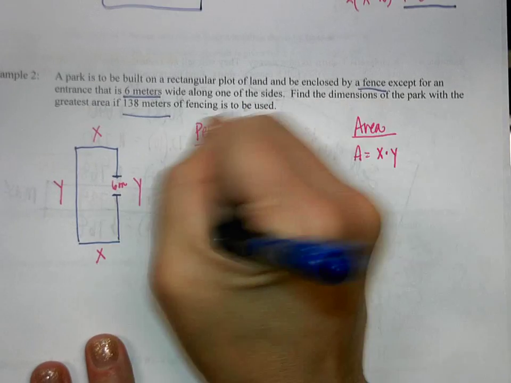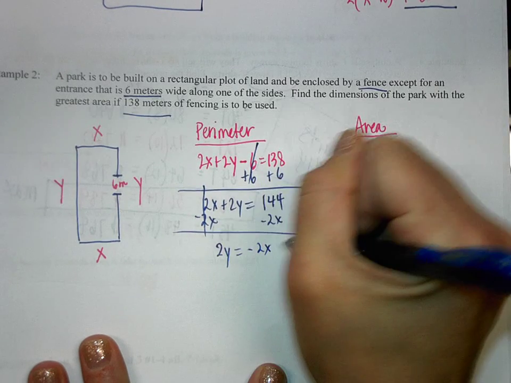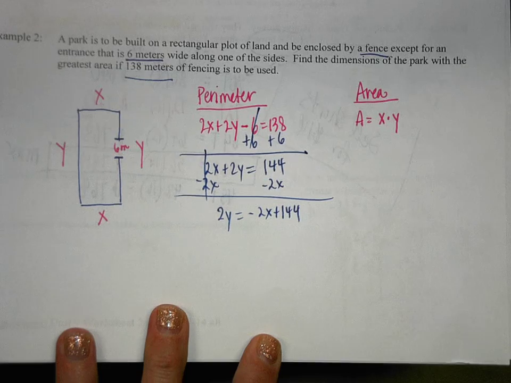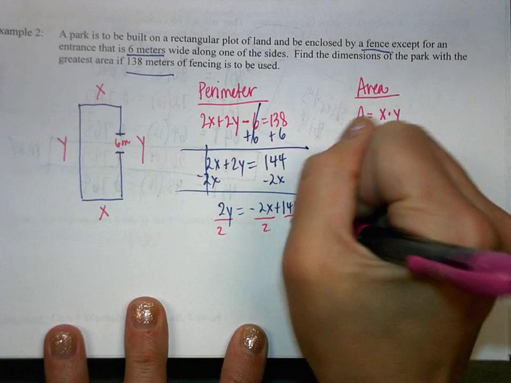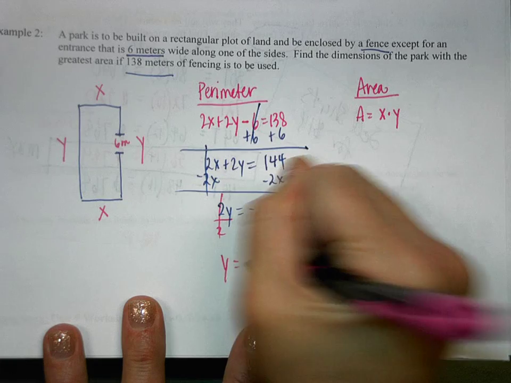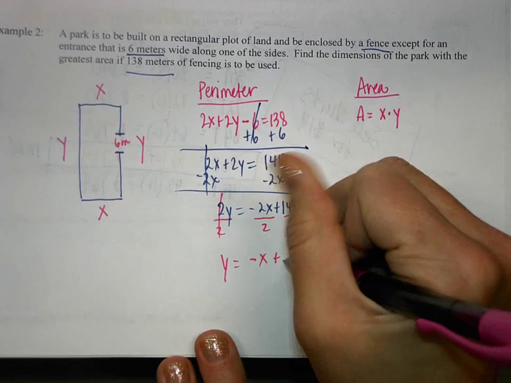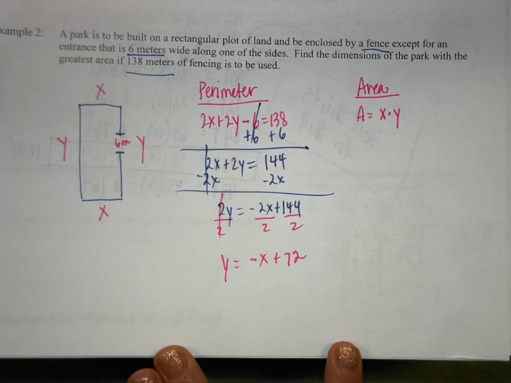So now I have 2y equals negative 2x plus 144. And then my last step would be to divide everything by 2. And so we get y equals negative x plus, and 144 divided by 2 is 72. Good. So now I have what y equals.